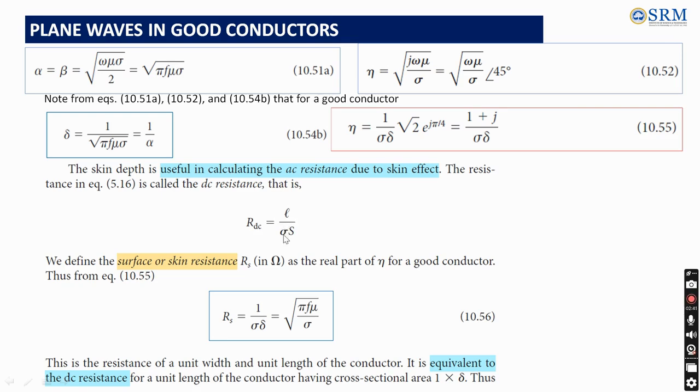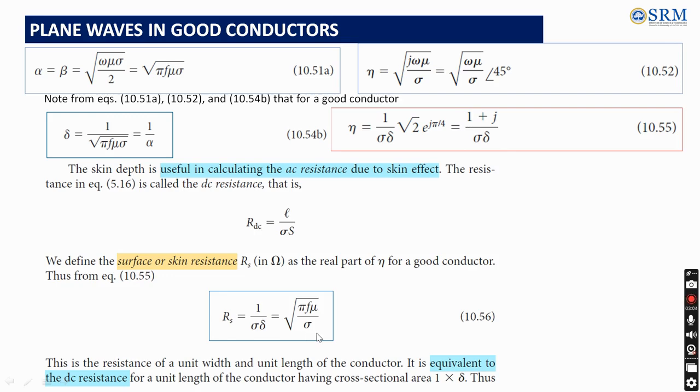That resistivity is known as reciprocal of sigma, so we can write DC resistance as L divided by sigma into surface area. To find the surface or skin resistance in ohms, we are going to take the real part of the intrinsic impedance of the good conductor. So it is going to be 1 by sigma into del.